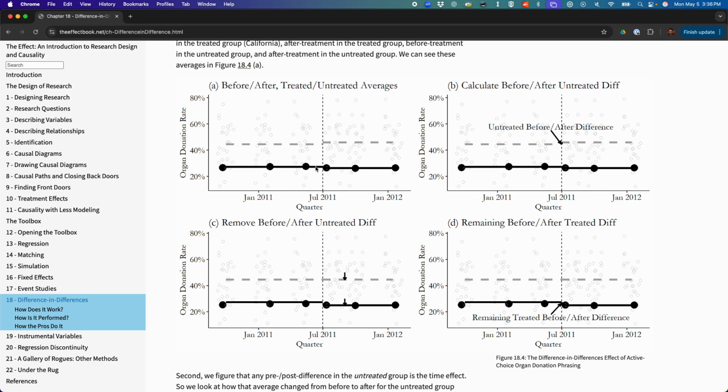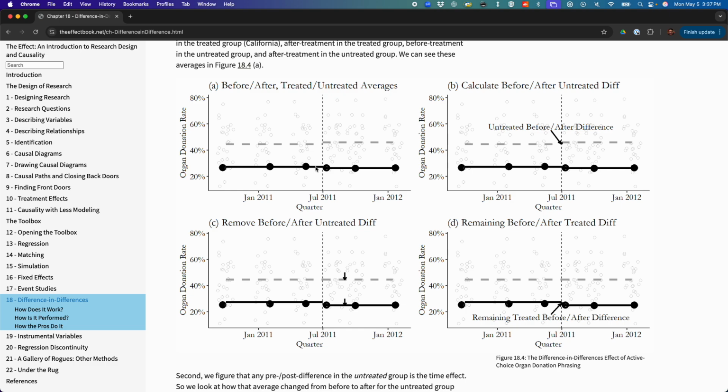Okay, so here, in this plot, we observe when the treatment happened, which is the introduction of the active choice model. The black line is the observed rate of organ donations over time in California, and you can see that it goes down a little bit.